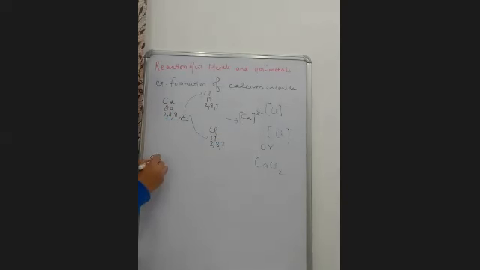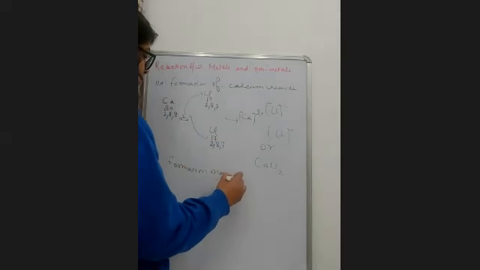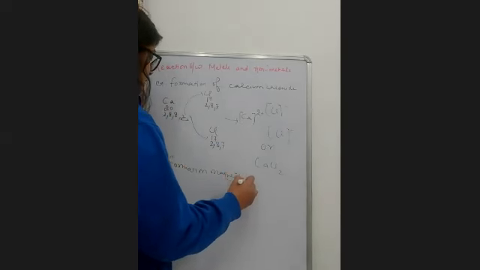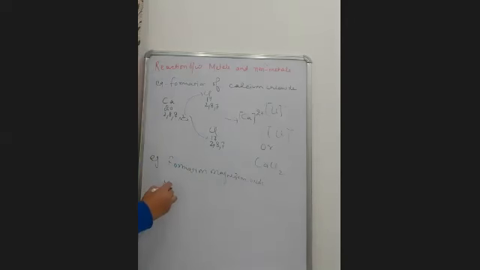We can see an example more. Formation of magnesium oxide. Magnesium oxide means oxygen. Atomic number 12 configuration will be 2,8,2. Atomic number 8 configuration is 2,6.